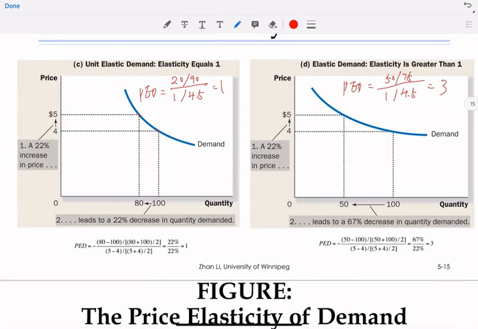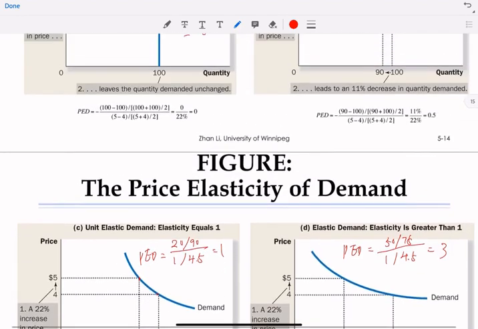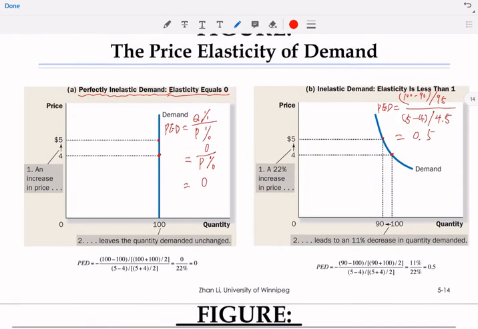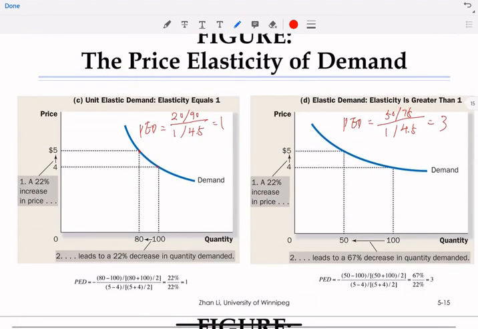Now if you look at graph C, the demand curve is flatter compared with graph B, and we're having a larger elasticity. Now if we move on to graph D, the demand curve is even flatter, and we're having an even larger elasticity.